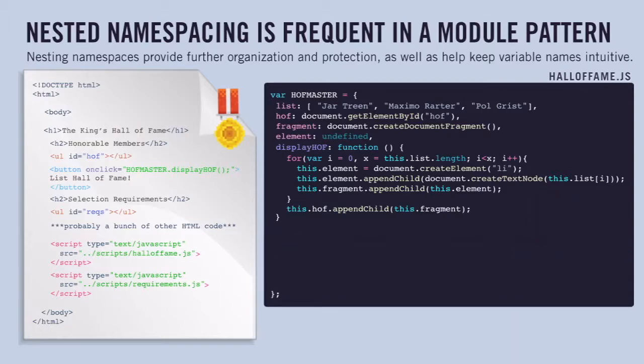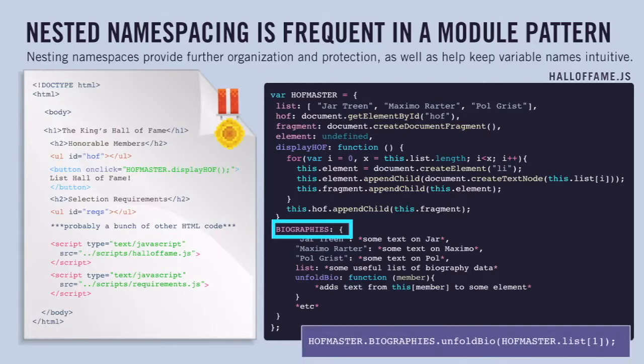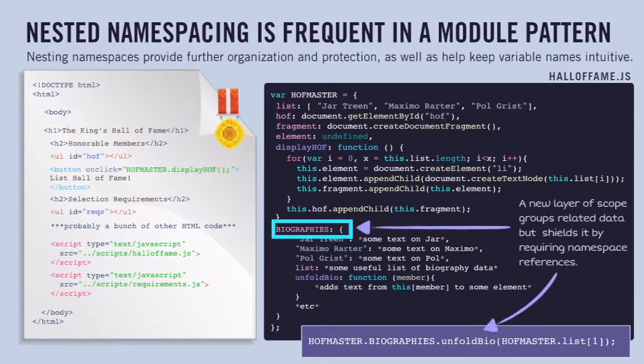For example, here, we've got a new biographies namespace as a property of the HOFMASTER namespace. A new layer of scope groups all that related data, but it shields it by requiring all of the namespace references. You can see here in my call to hofmaster.biographies.unfoldBio, I can pass in a list variable that incorporates the knights who are in the Hall of Fame, but I need to use that HOFMASTER reference in order to make it happen.